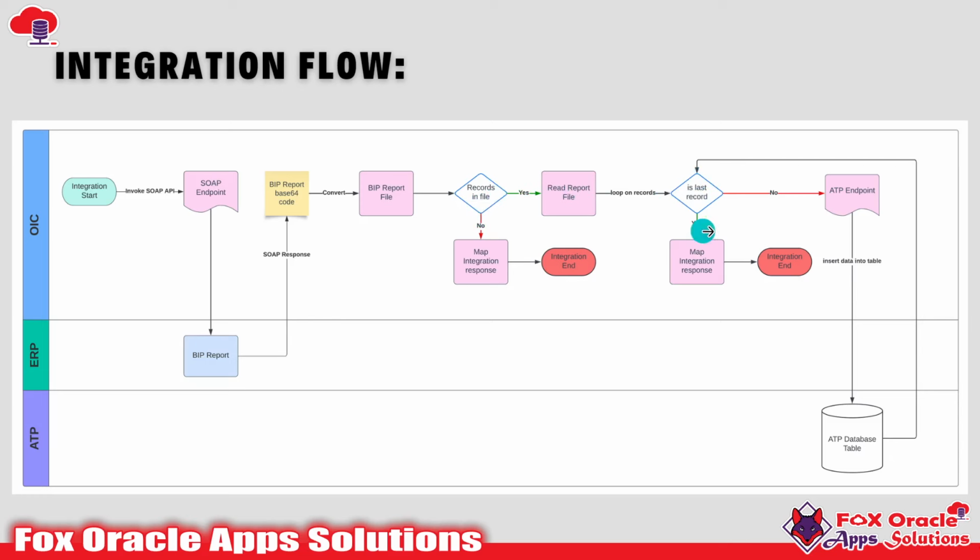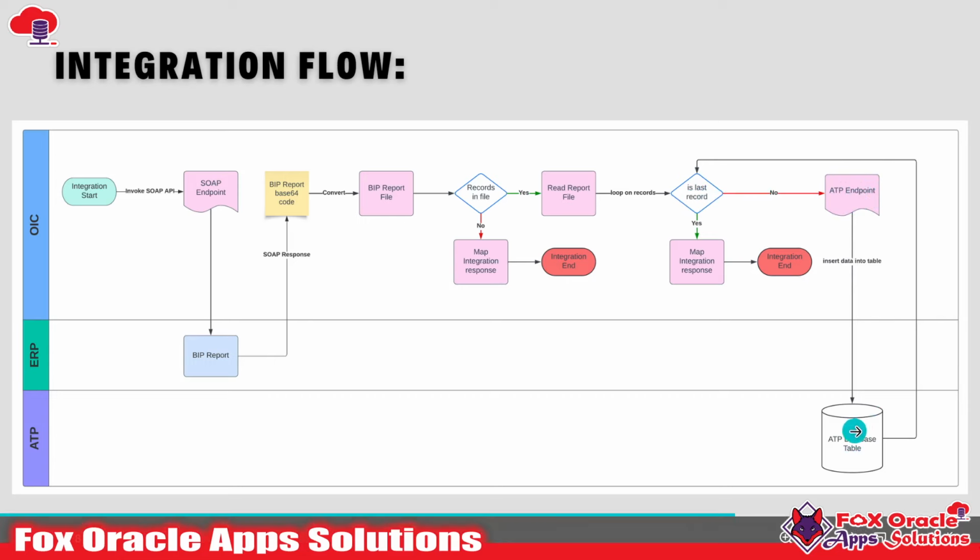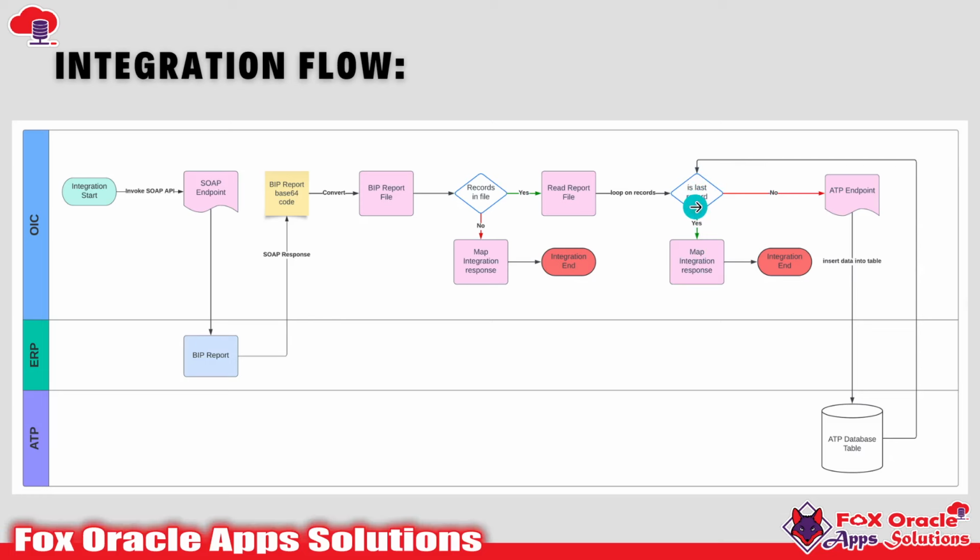We will iterate the loop over data until we get the last record of the file, and we will insert data into that ATP table. So we will invoke the ATP endpoint to insert data into the table. Data will be inserted, and this flow will be in the loop until we reach the last record. And once the loop is over, we will add the mapping of the integration that successfully inserted all these things, and integration will end.